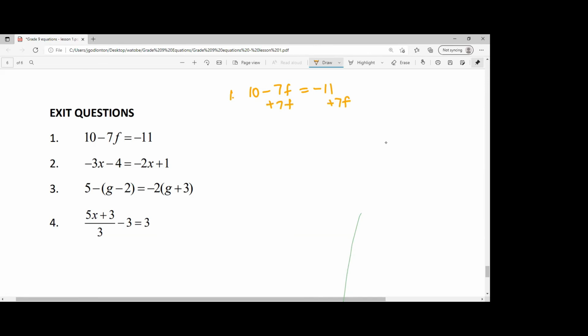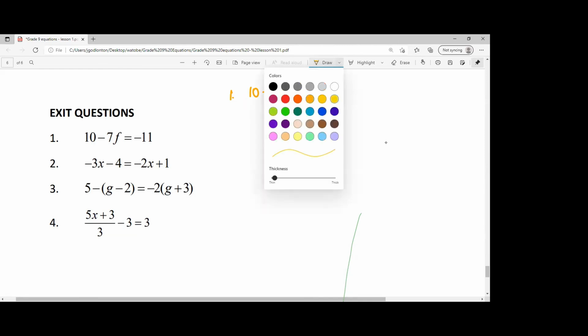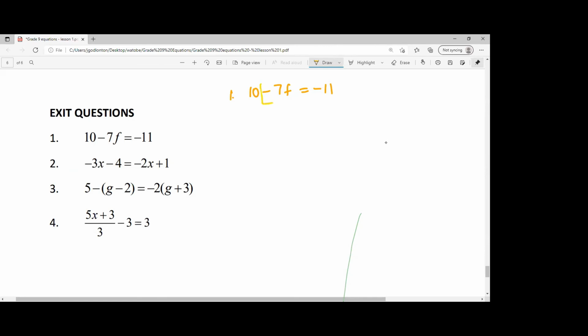Ma'am, I was simplifying both sides of the equation. Okay, so at the moment, we can't simplify any further here because those two aren't the same as each other. So we're not allowed to minus it from each other. So at this point, we just want to get this f alone, and we want our numbers to be alone on the other side.